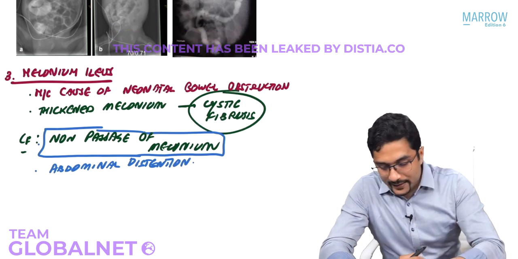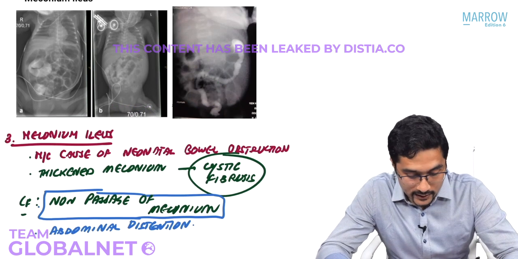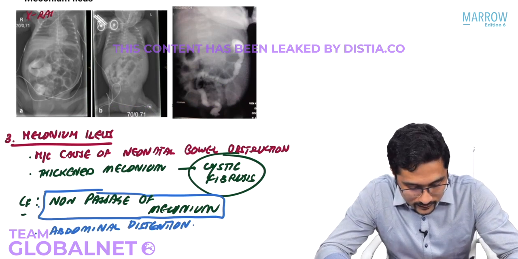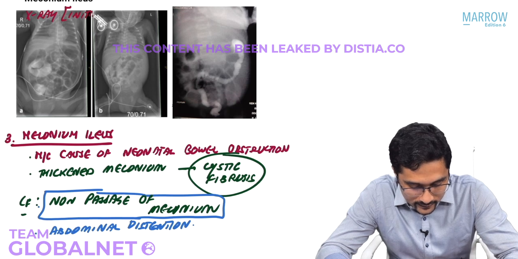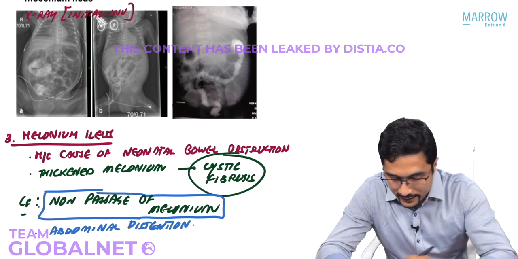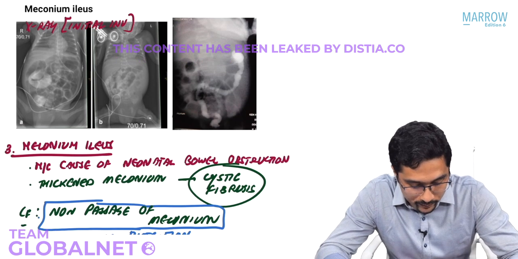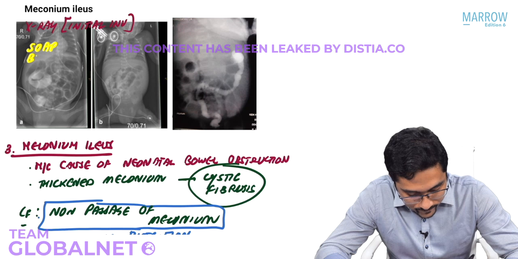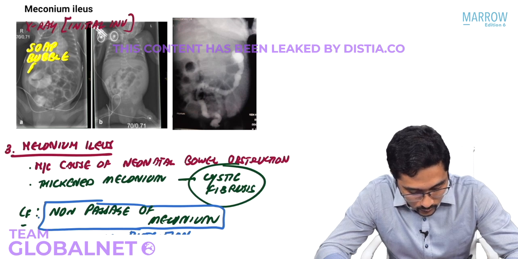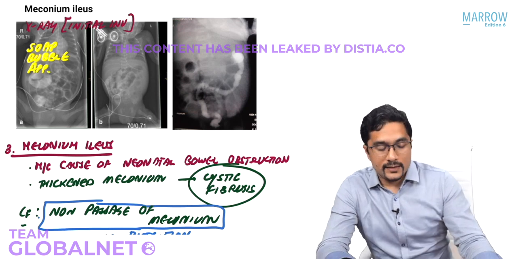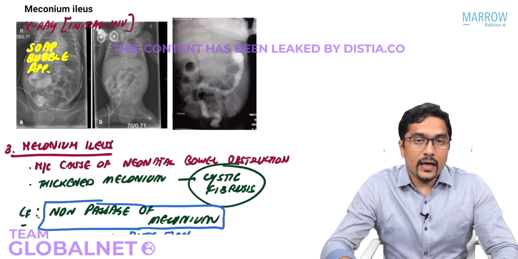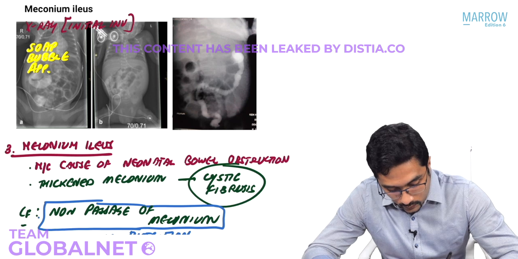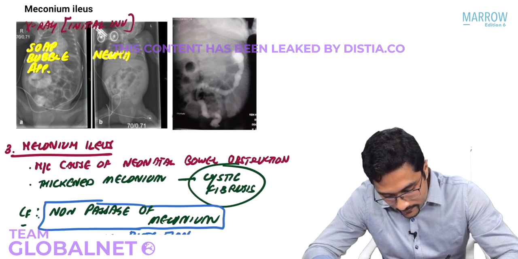Now, we know that X-ray is the initial investigation. If an X-ray is done in a patient, then we are going to get a soap bubble appearance. This is your soap bubble appearance, and this is also known as the Neuhauser sign.